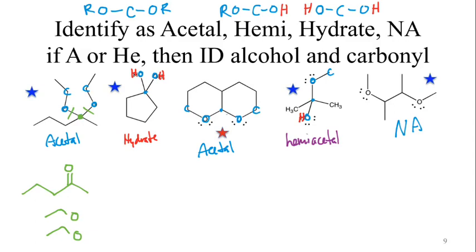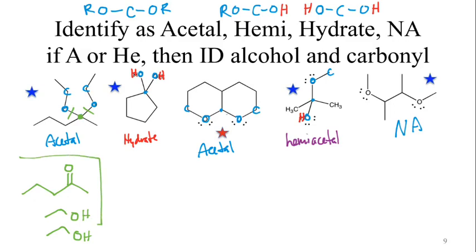If we were under base catalysis, we could put a negative charge there. Okay, what catalyst are we under? Well, it doesn't really say, but the problem does say identify the alcohol. Are these negatively charged species alcohols? No. To be an alcohol, they must have hydrogen. So there we go. We now have our carbonyl and our alcohol that came from this.